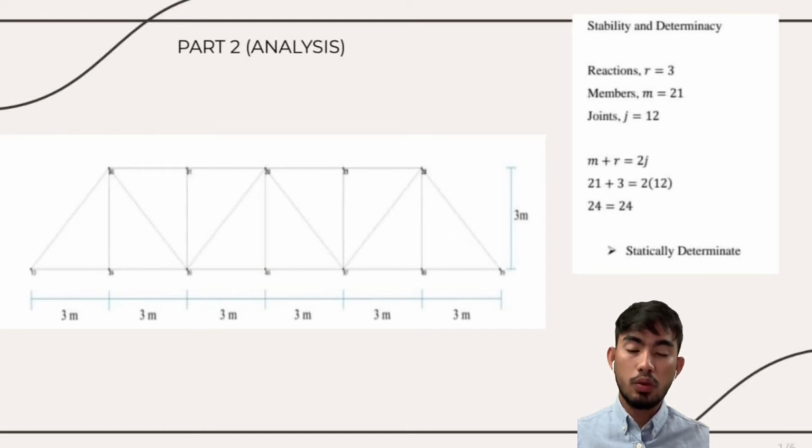To know this, first, find out the reactions for our bridge. Our bridge has reactions r equal to 3, members m equal to 21 and joints j equal to 12. After putting in the formula, we found that m plus r equals 24 and 2j also equals 24, so 24 equals 24. If m plus r equals 2j, that means our bridge is statically determinate.